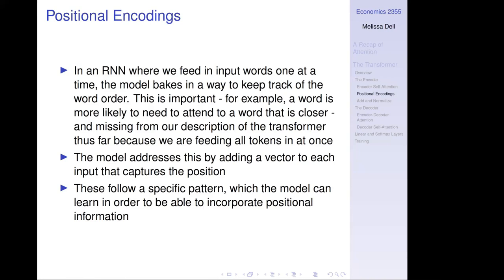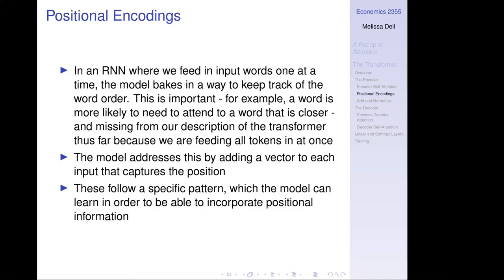Like I am a student, first you feed in I, and then sequentially you feed in am, then student, and so you don't need to tell the model the order that the words appear in that sequence because you fed them in sequentially. Whereas the key part of the innovation of the transformer is that you feed the entire sequence in at the same time.